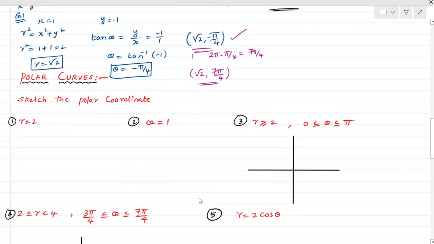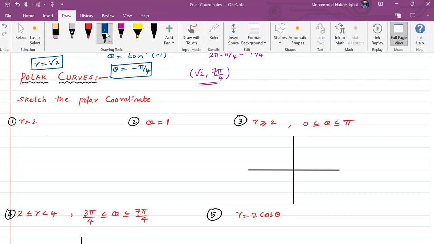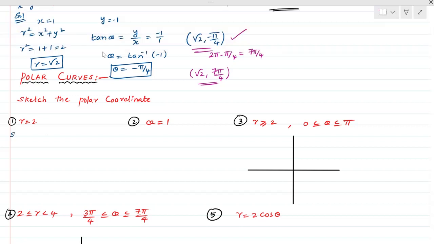Now here we will sketch the polar coordinate by using r and theta. When you have r equal to 2, how will you convert? First convert everything in terms of the Cartesian coordinate. As we know, the Cartesian coordinate is very simple: what is a line, what is a circle, everything we can know.